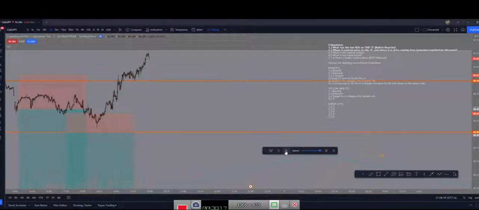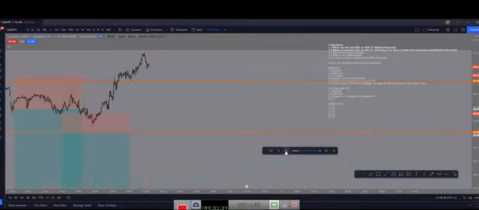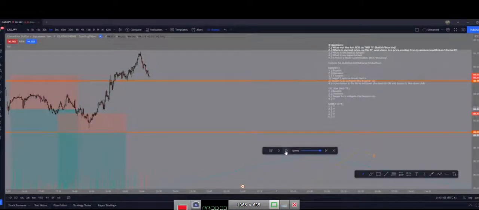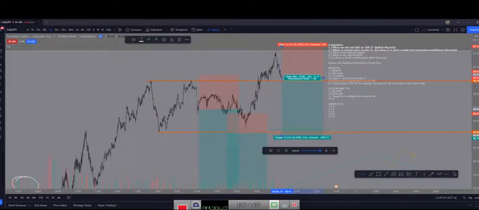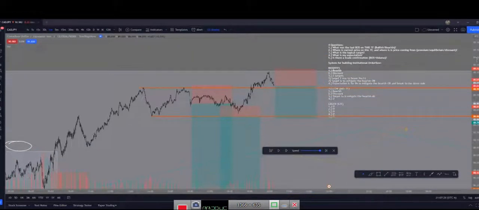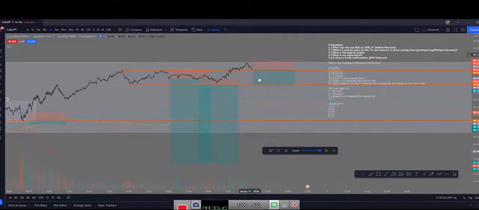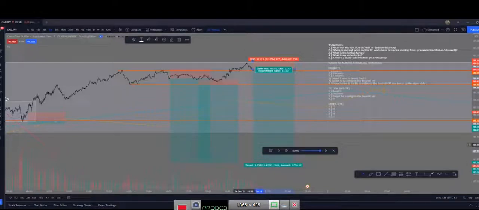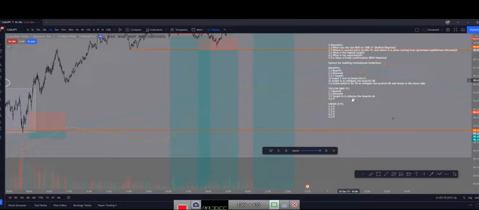Okay. Wow. So take another one from here. I think so. We'll put it 1 pip above, and we're targeting the same area.